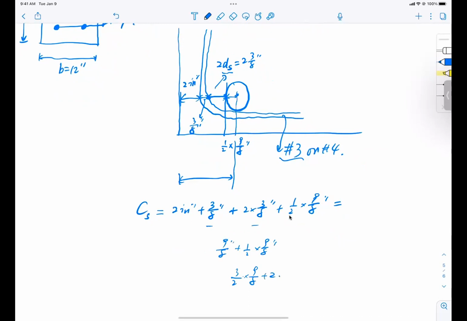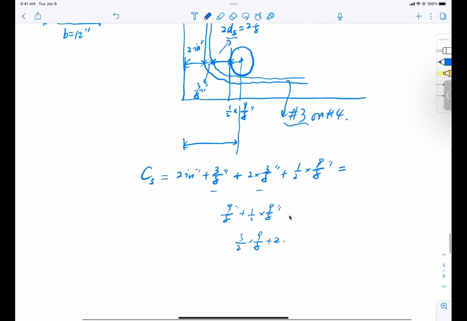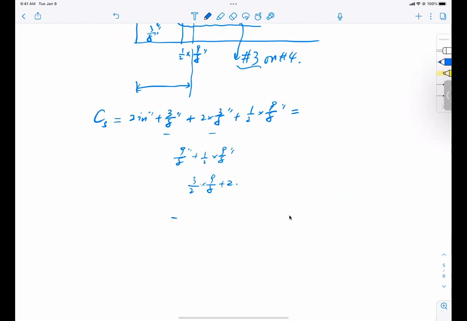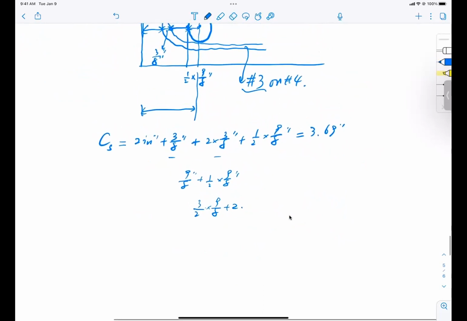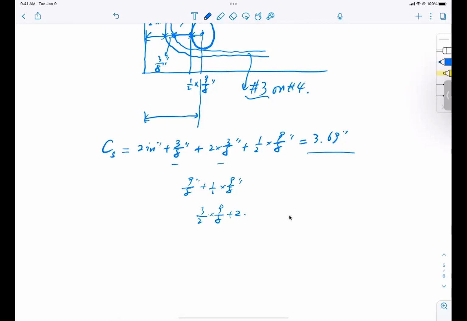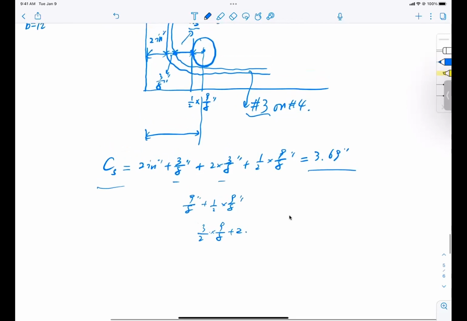I'm doing it by hand. You have to beat me. 3.69. Anybody confirm? Yes? Okay, good deal. 3.69 inch, from the side.